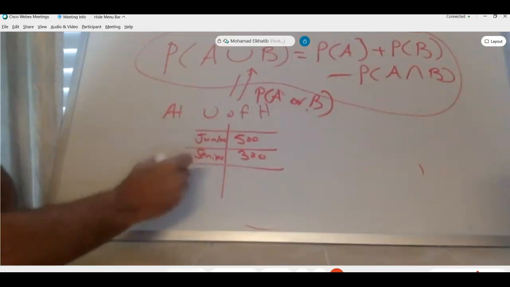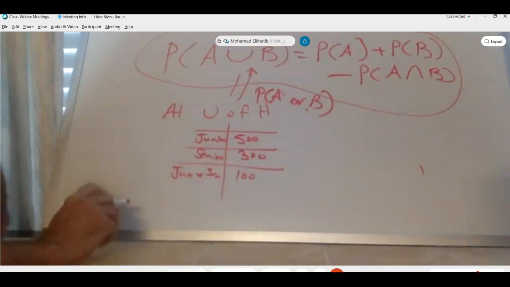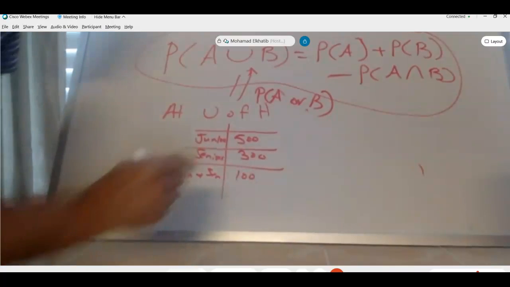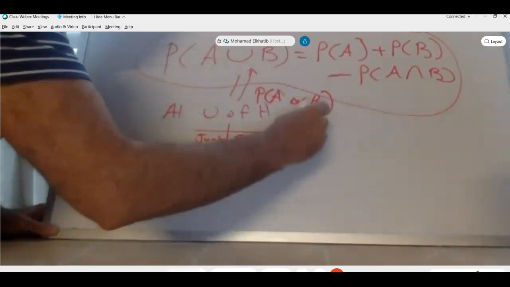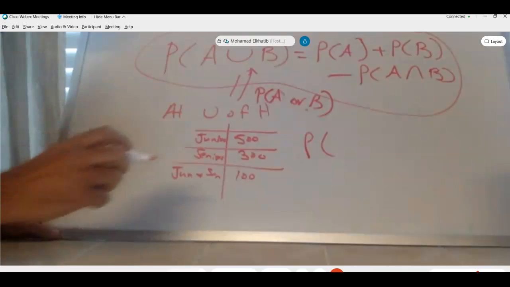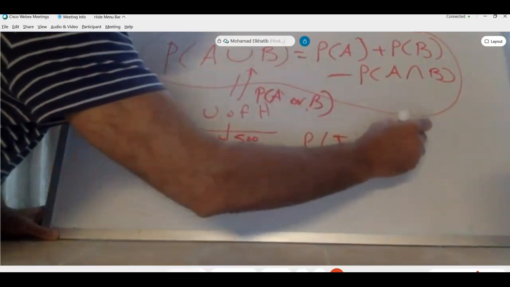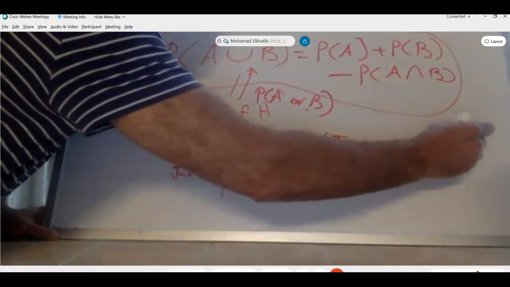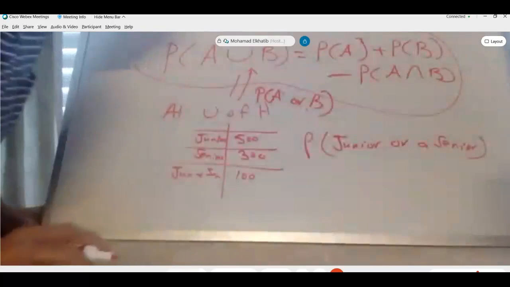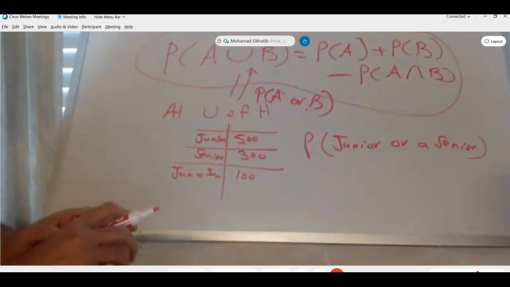The ones that are considered both juniors and seniors are 100. Question is, what is the probability that if you find a student at U of H, he's either a junior or a senior? Maybe that's probably better for you. Okay?